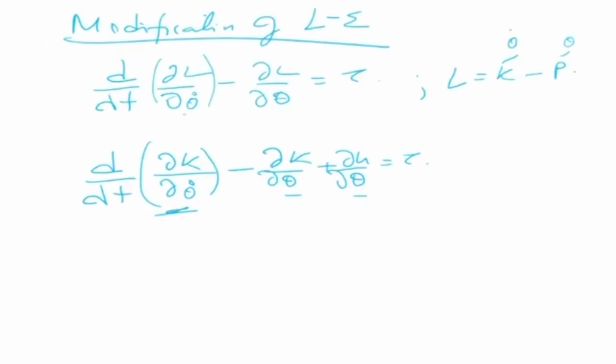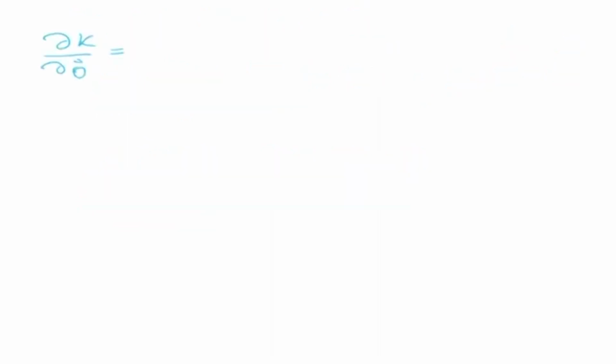Now I find my dK/d theta dot. I actually take this equation one by one. I'll first take this term, then this term, then this term, then I'll take d/dt of that term. That's what I will do. So dK/d theta dot is equal to, remember that this one has a theta 1 and it has a d2 dot and it has theta 1 dot.